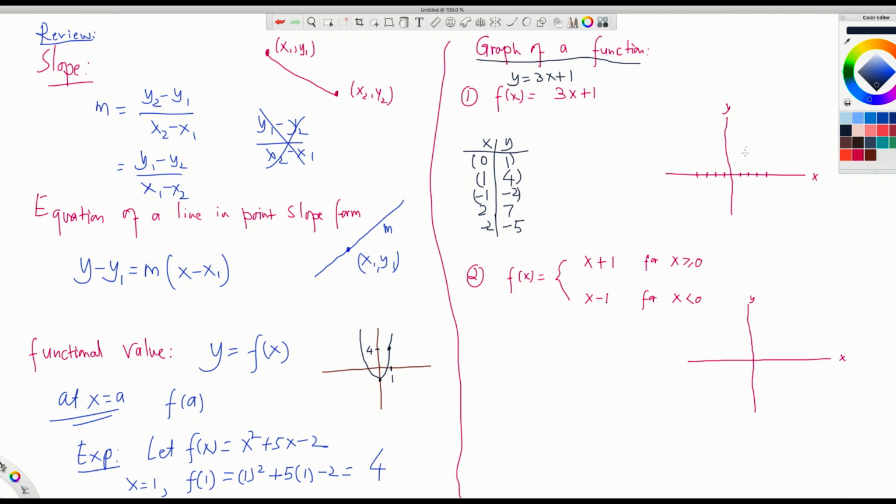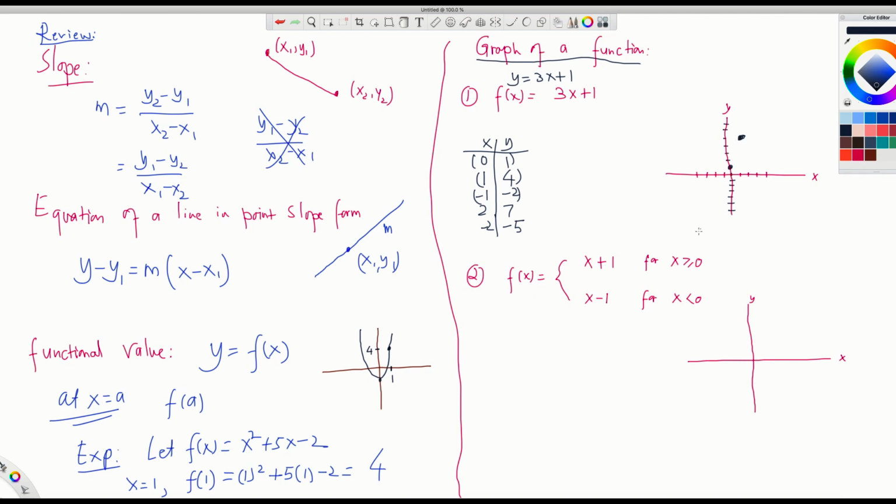Okay, so let us plot those. (0, 1): at x equals 0, it is 1. That is one point. At x equals 1, it is 4. Let me do 2, 3, 4, 5, 6, 7. And then here, let's do -1, -2, -3, -4, -5. You can do -6 as well. So at 1, y is 4, right? 1, 2, 3, 4.